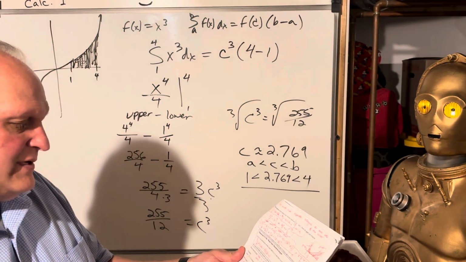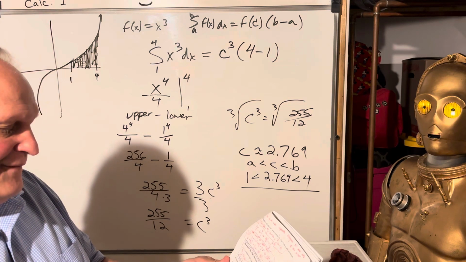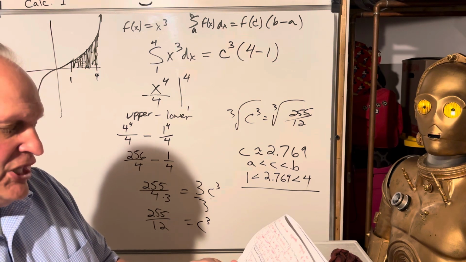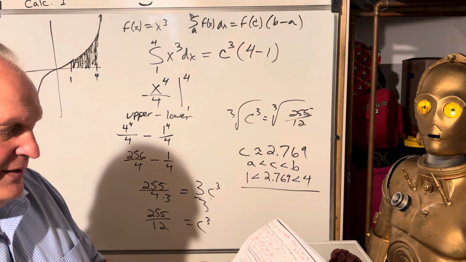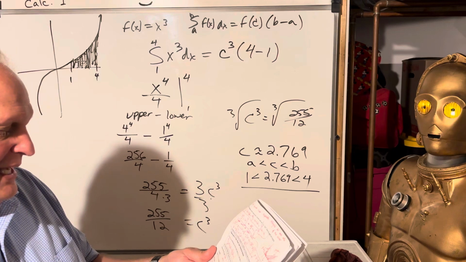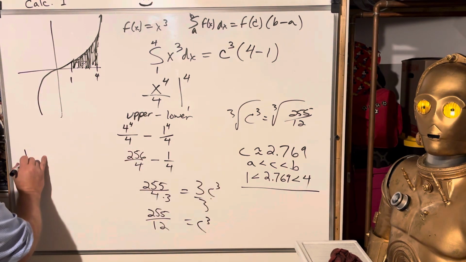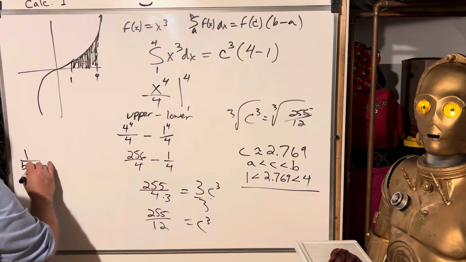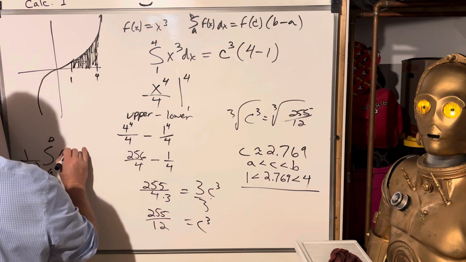Definition of the average value of a function on an interval. If f is integrable on the closed interval a to b, then the average value given by the mean value theorem of f on the interval is 1 over b minus a times the integral.